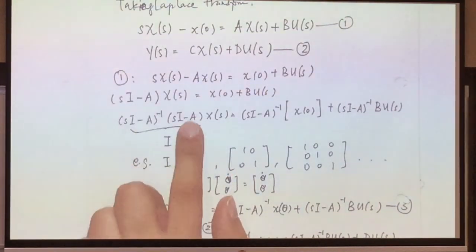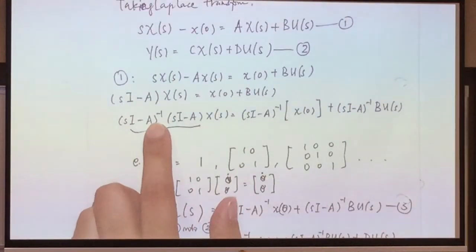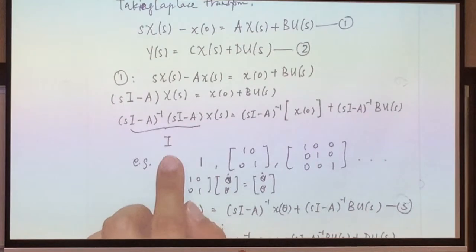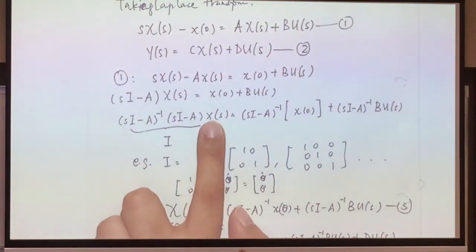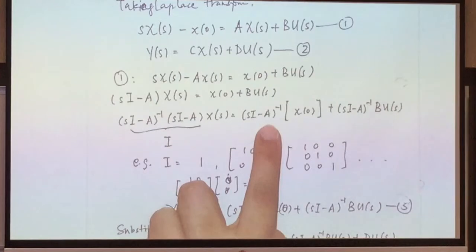You have (sI minus A), right? You need to multiply this by (sI minus A) inverse, because the inverse times the matrix will give you I, which is the identity matrix. The identity matrix times X(s) will give you X(s). Do you understand this? Yes? So if you multiply by the inverse on the left hand side, you multiply by the inverse on the right hand side, so they are equal.